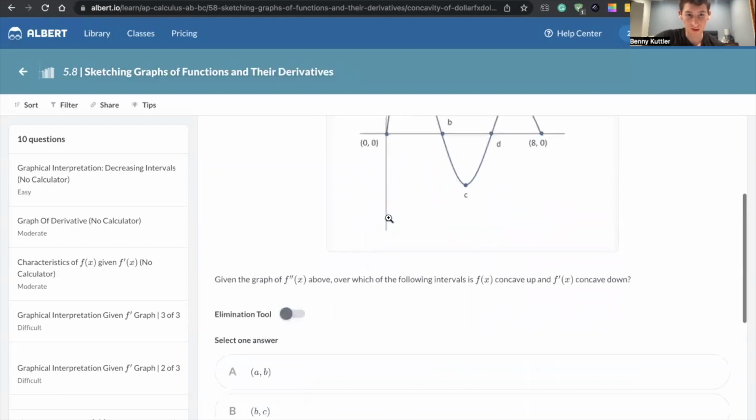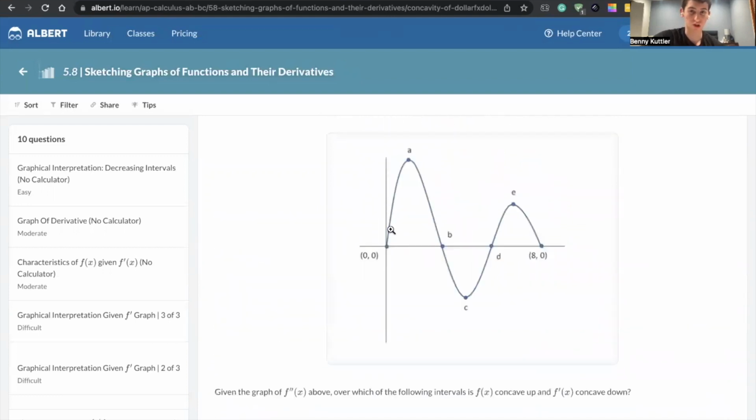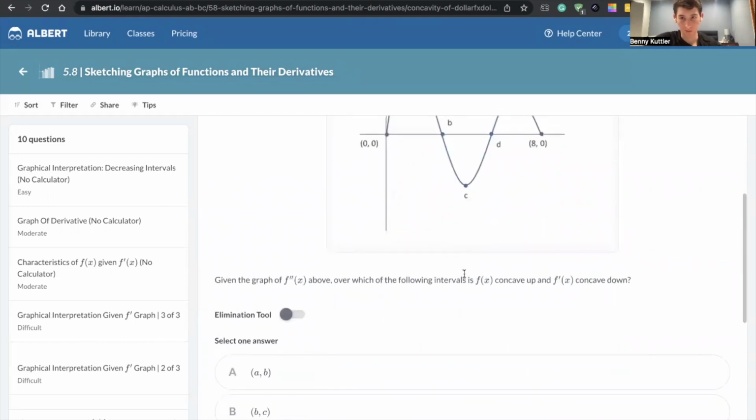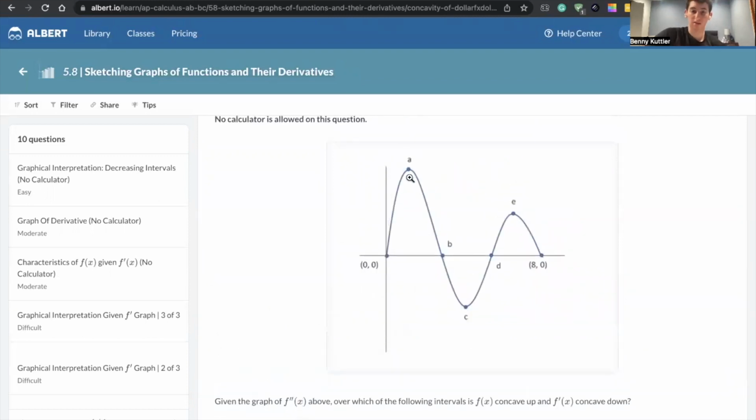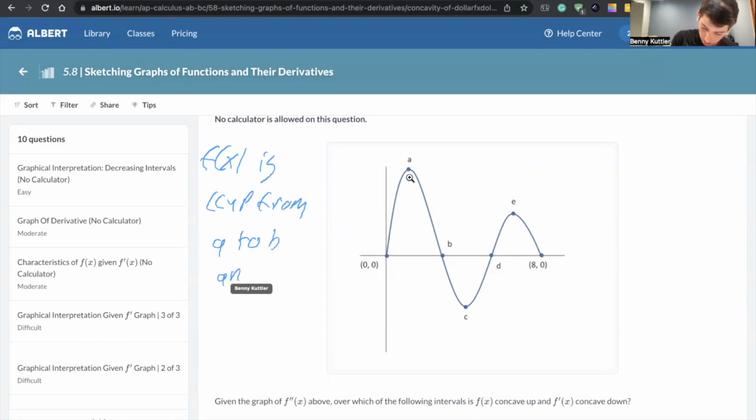So from A to B, I guess it's also at 0, but it's asking us A to B. That is when, I'll write this down, f of x is concave up from A to B, and it's also positive from D to E over here. So D to E, excuse my handwriting, because that's just when the graph is positive.